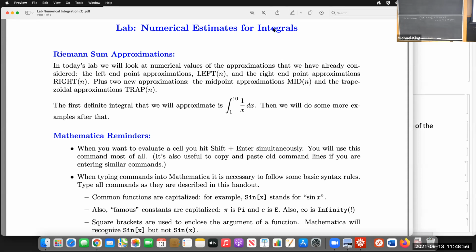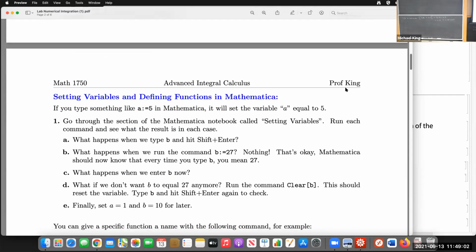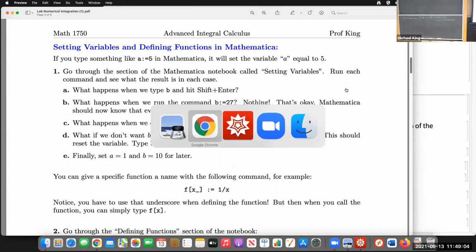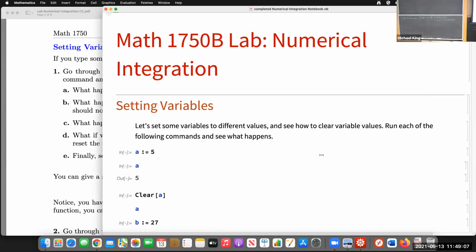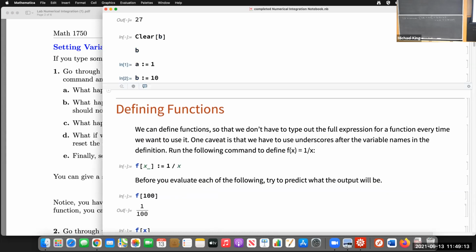There was some stuff in here about reminders, and some stuff about setting variables. So let me go to this notebook and make sure A is 1, B is 10, and f of x is 1 over x.